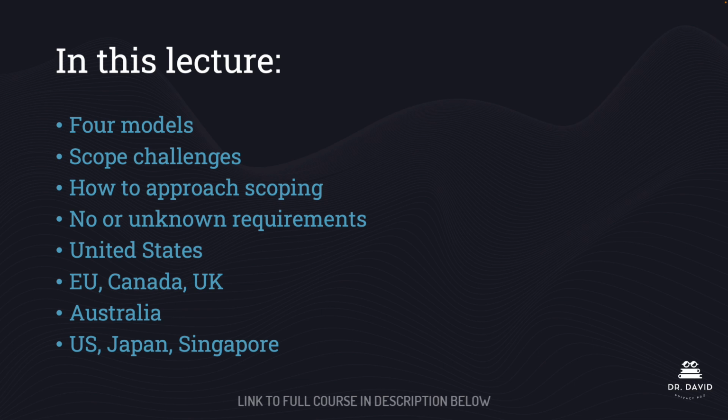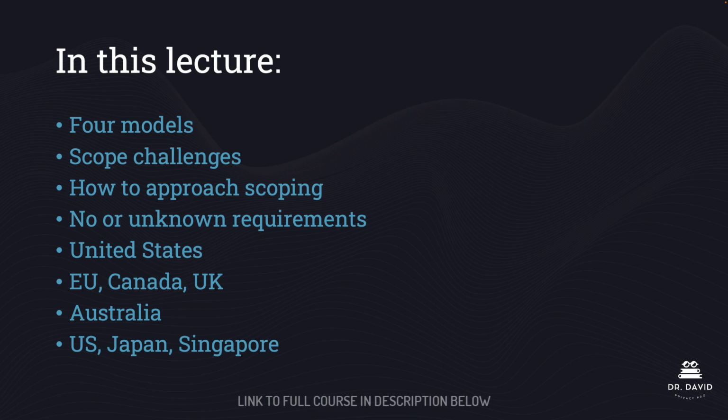Very briefly, I'm going to name the 4 models that we're going to be looking at throughout this lecture. We're then going to talk about scope challenges and how to approach scoping. We're also going to discuss what to do when there are no or unknown requirements. And then we're going to look at the 4 regulatory models through specific jurisdictions. We're going to look at the sectoral approach in the United States.